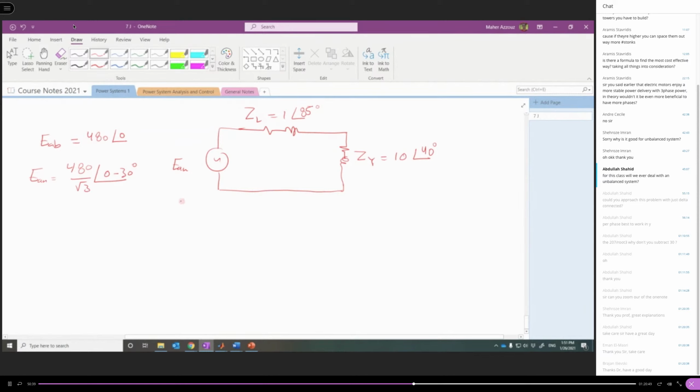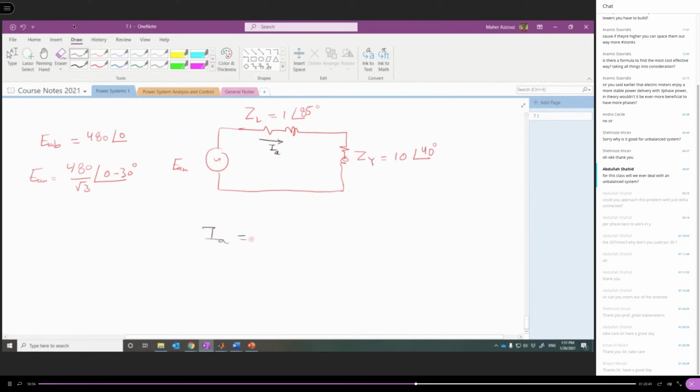So we have EAN, and we have this simple circuit: an impedance representing the line and an impedance for the load. So the line current will be this current, IL, or let's call it IA.